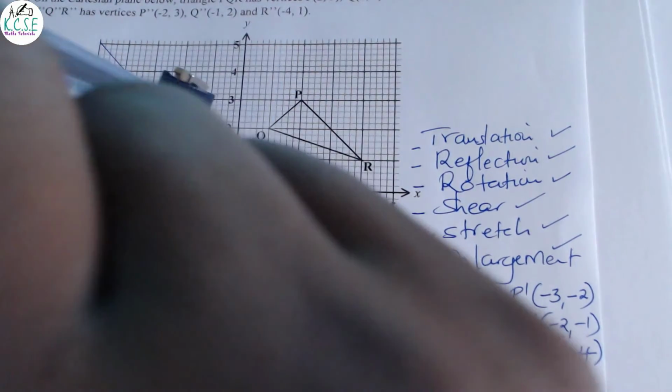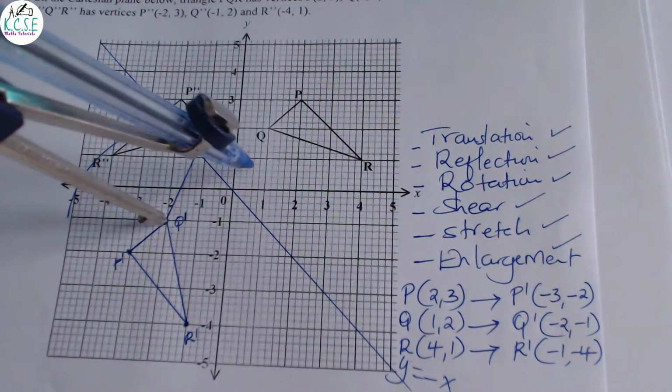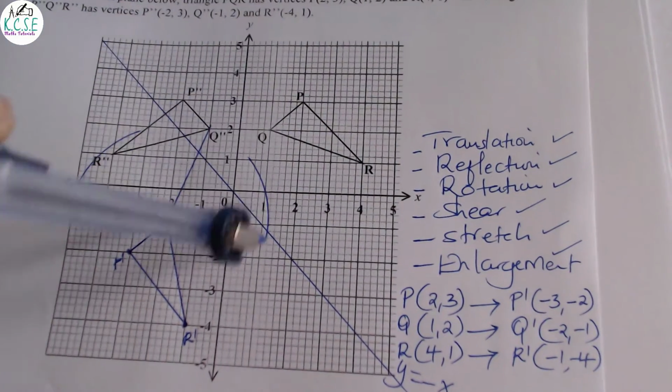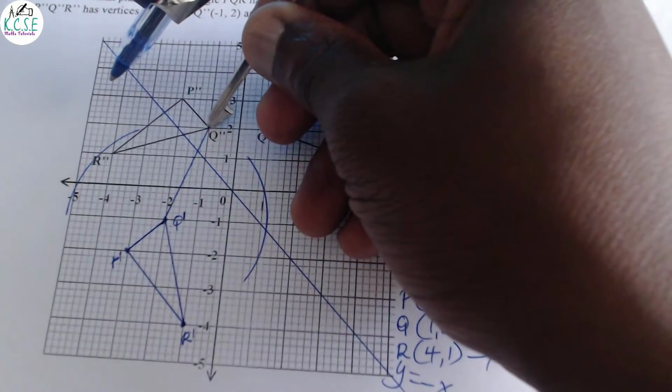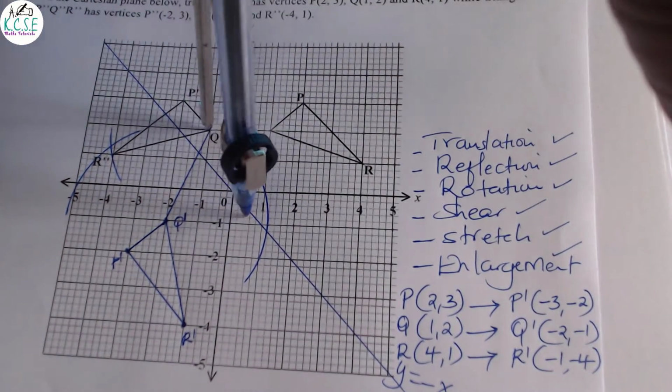To construct a perpendicular bisector, take your pair of compasses and mark an arc there, and then mark another arc here, like that. With the same radius, stand at this point, then cut that arc, and also cut the other arc here.